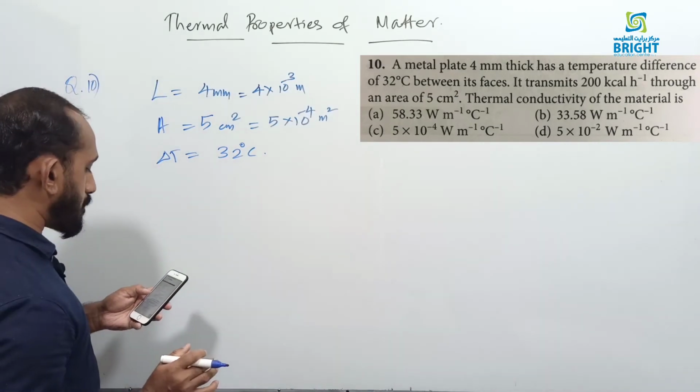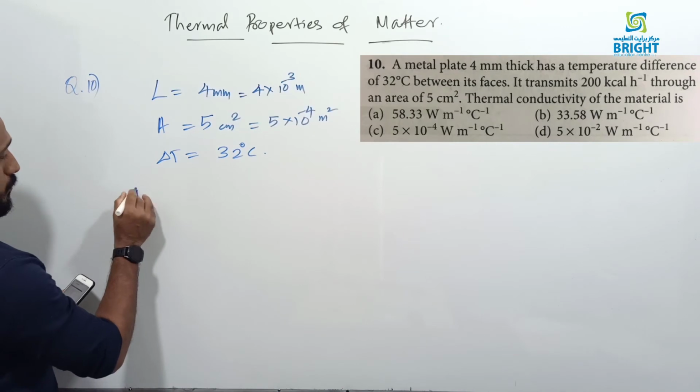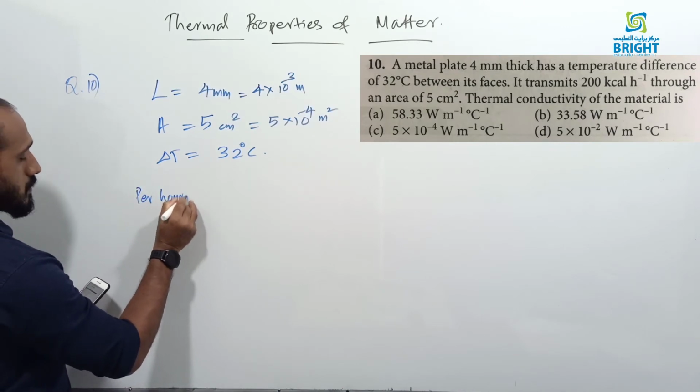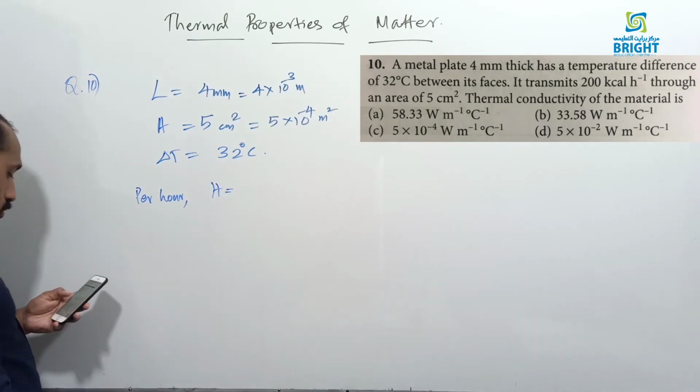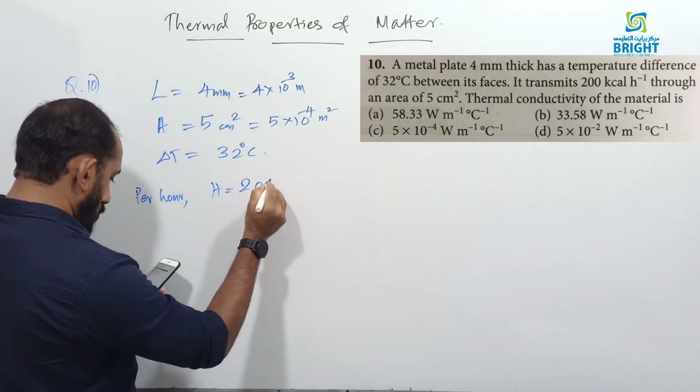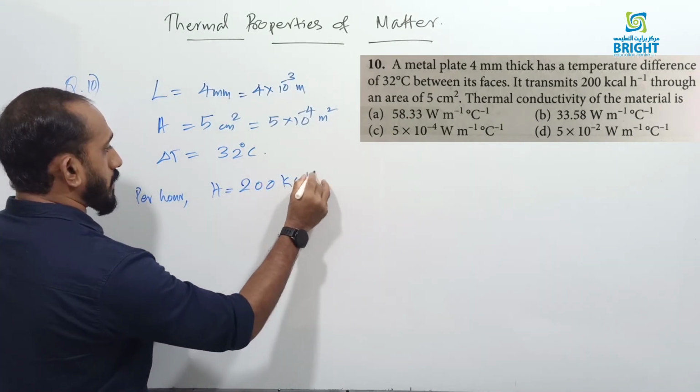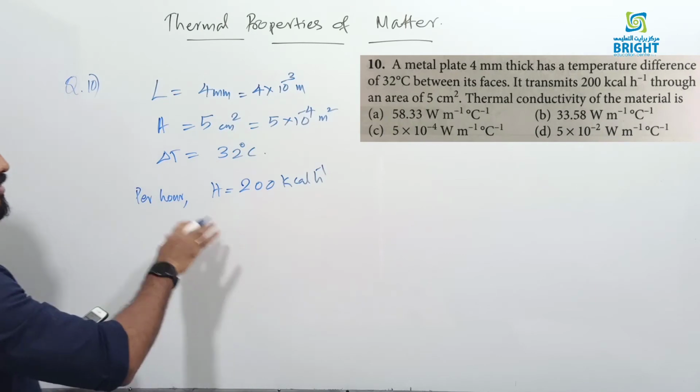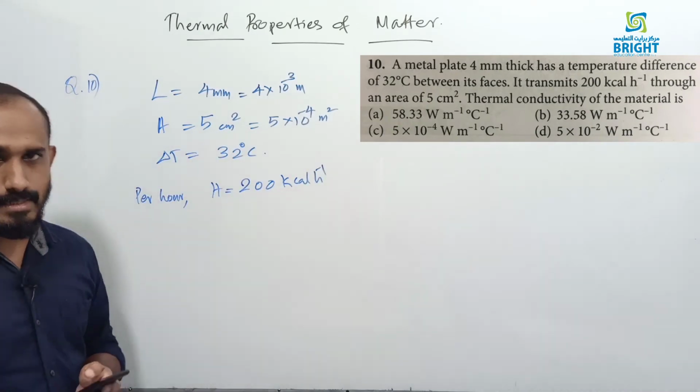Then heat transmitted per hour is given. So per hour heat transmitted H is equal to 200 kilocalorie per hour. So you have to convert that to joule per second.